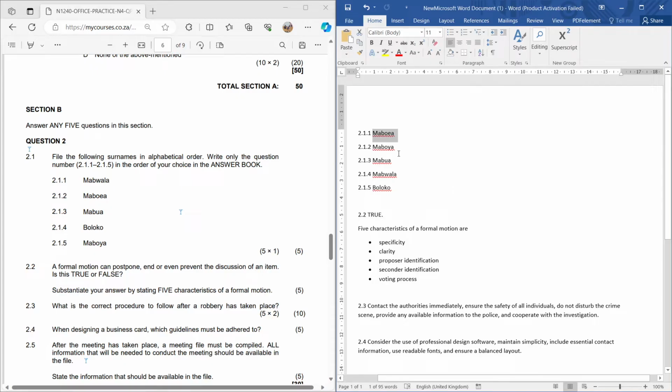Right, so basically this tells us that our list is in the descending order, because we know that M comes after B in the alphabetical sequence. Right, so the fact that we have B at the bottom of our list means that the order of this list is descending. Right, it starts from Z all the way to A.